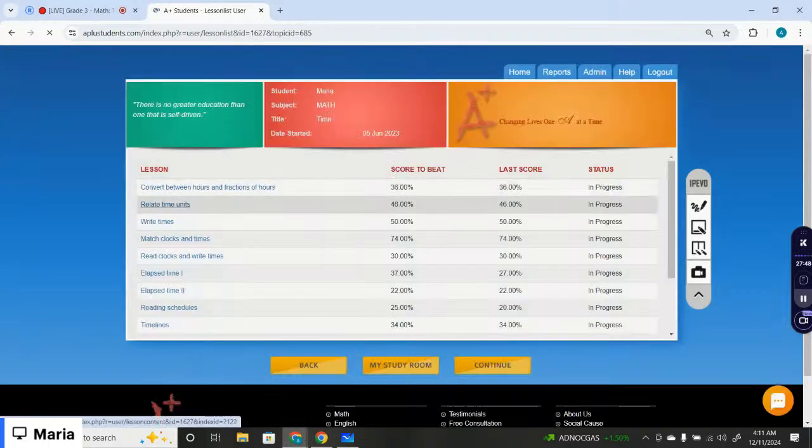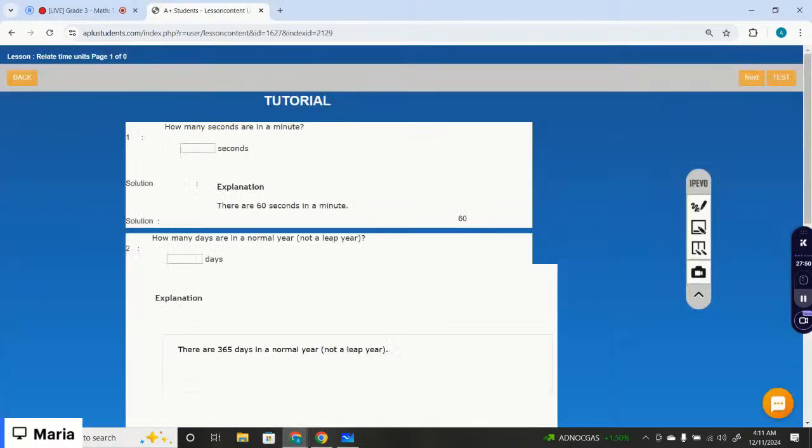The next lesson is relate time units. How many seconds in a minute? There are 60 seconds in a minute, right?